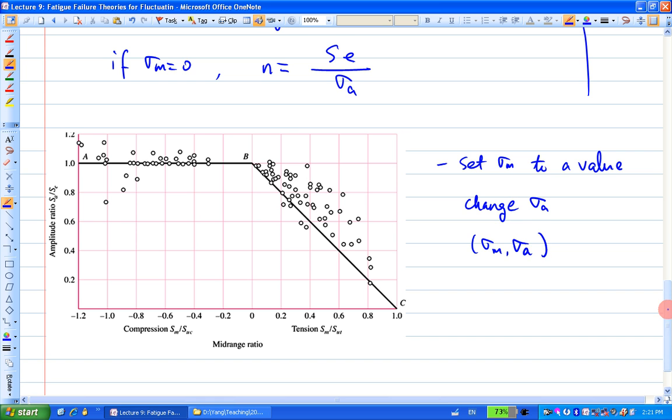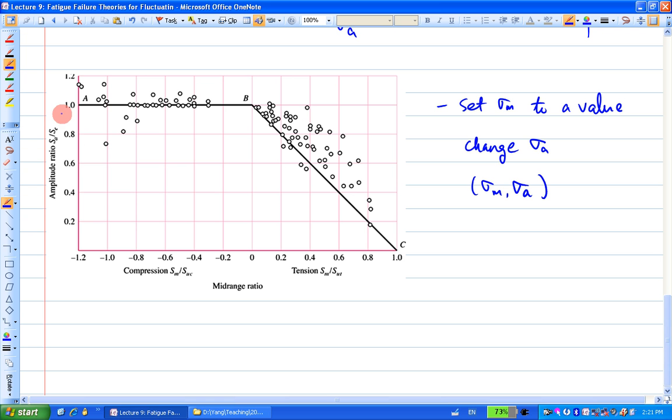Looking at all the dots here, apparently you can use a straight line to approximate all this data. In terms of S_M, S_A, if I am to be more specific, later you will see S_M and S_A here. So what are they?